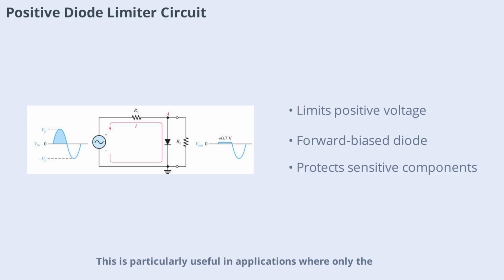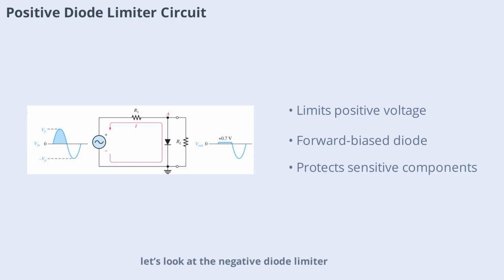This is particularly useful in applications where only the negative or zero portions of a signal are needed, or where excessive positive voltages could cause harm. The circuit diagram shows how the diode is positioned to allow only voltages below the set level to pass through.